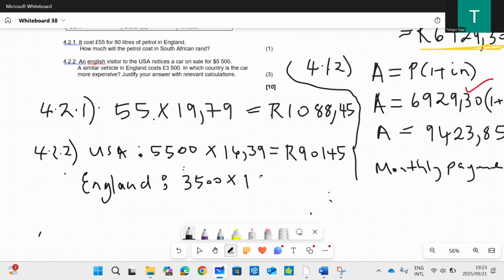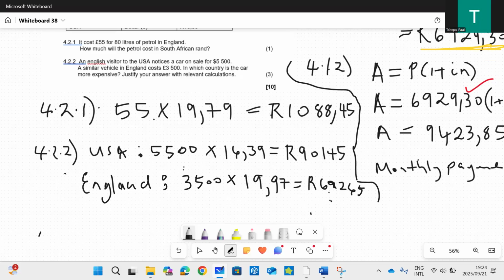Remember, it's 19 rand 79 cents. Now, in rand, how much will this vehicle cost? It will be 69,265 rand. That will be the cost.